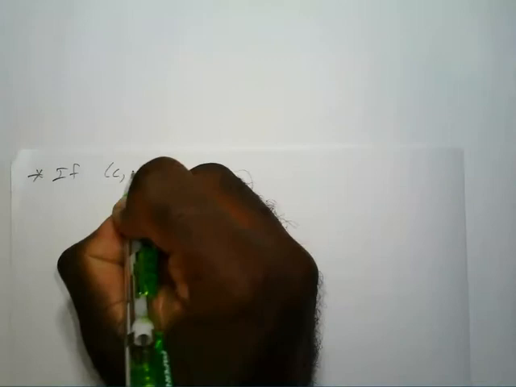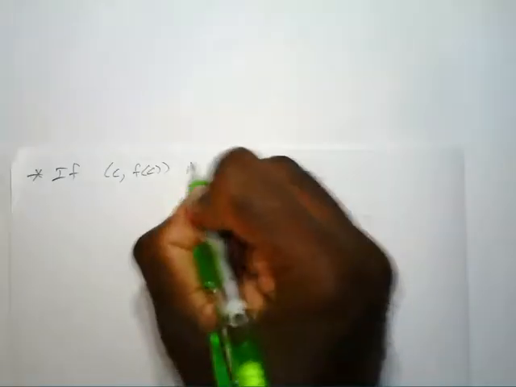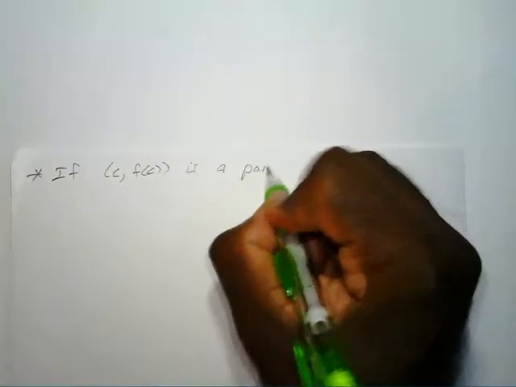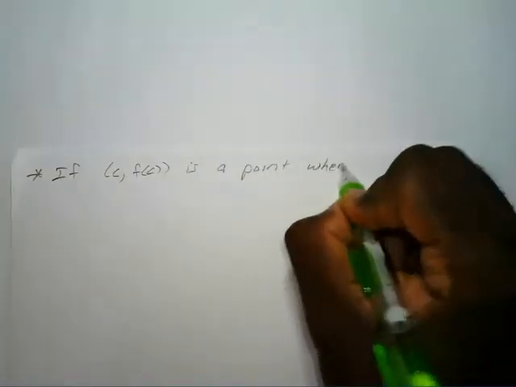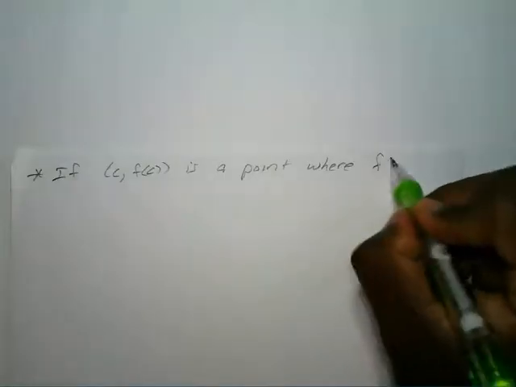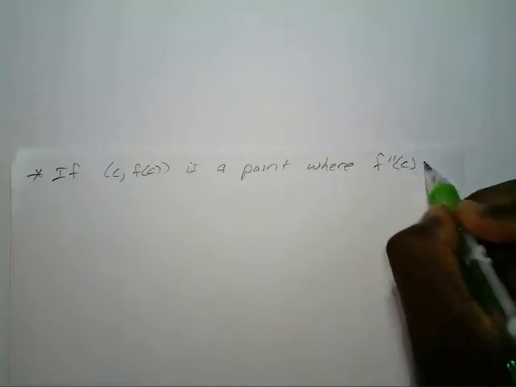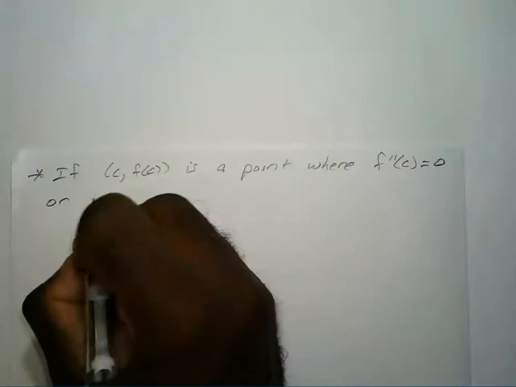Alright, so to find our point of inflection, let's say the point C, f of C is a point where the second derivative at C is equal to 0 or does not exist.